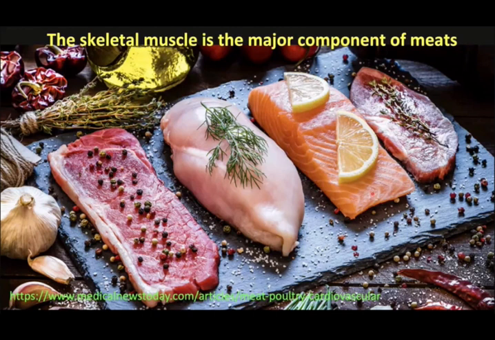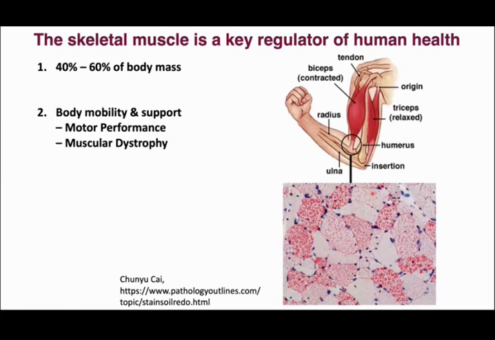Of course, what this group and my research care about is more like health, right? And skeletal muscle is a key regulator of human health. It occupies almost half of the body mass in our body. And it is crucial for mobility and support.